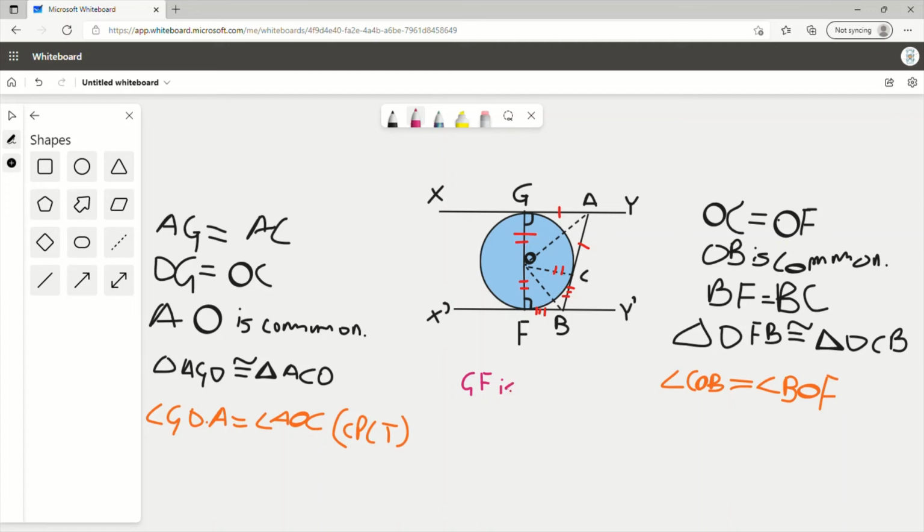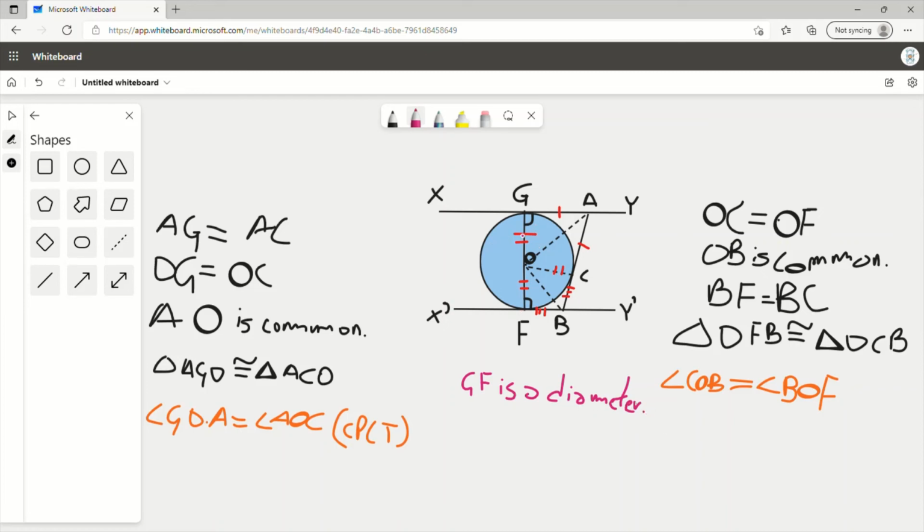Thus, it's a straight line. I think this is a very basic thing, but either way, let's write it down. Everything should be written down.